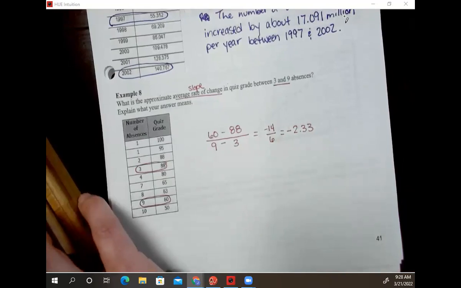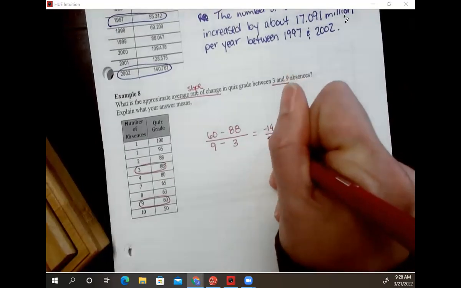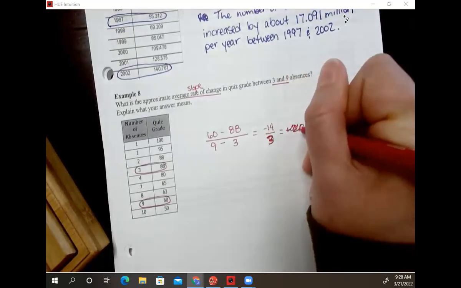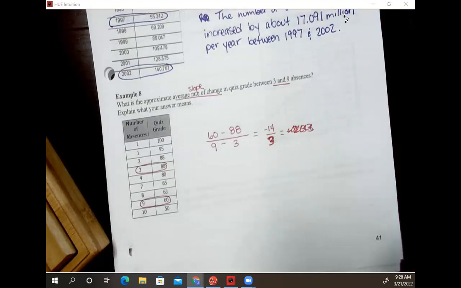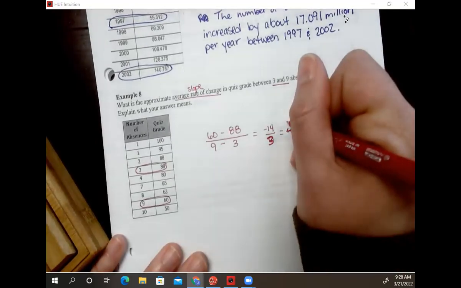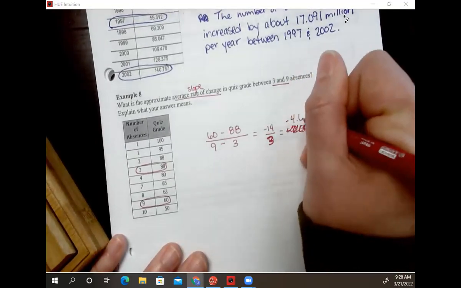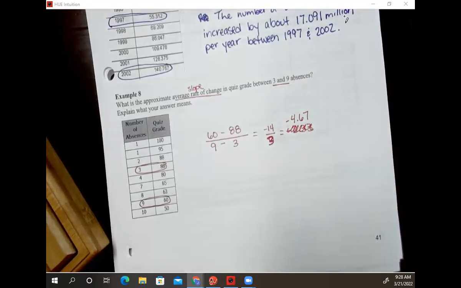I think I had reduced this already. This should be, okay, 14 over 3. Sorry, guys. Because this would be 18, right? And then divide by 2. That's okay. I thought my notes didn't make sense there. Okay. So the negative 4.67 is what we should get. Thank you.